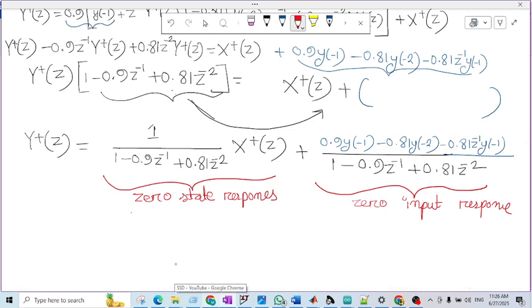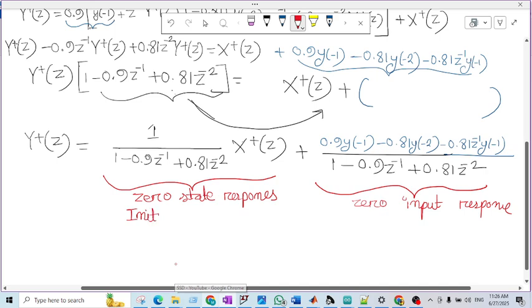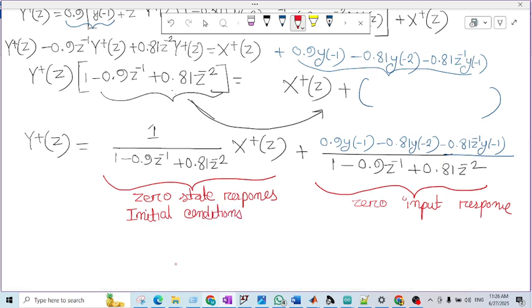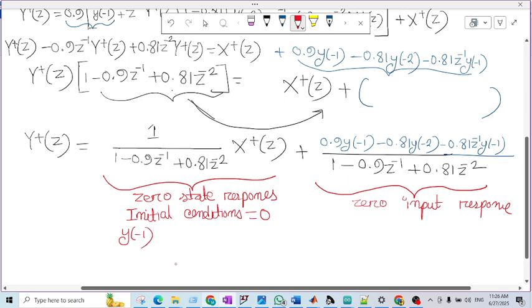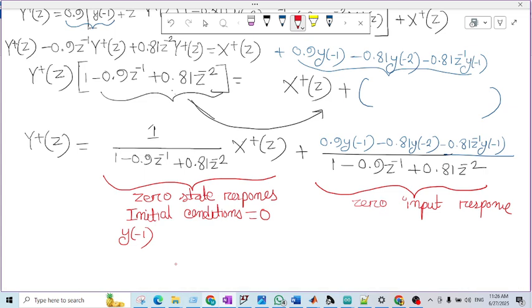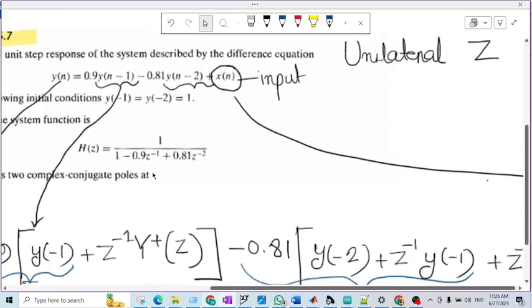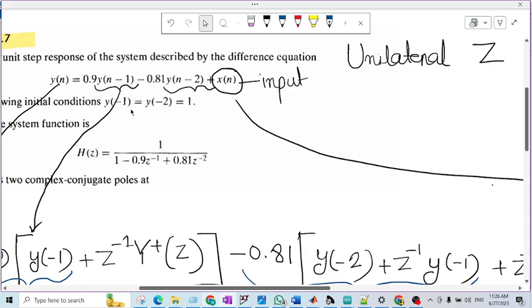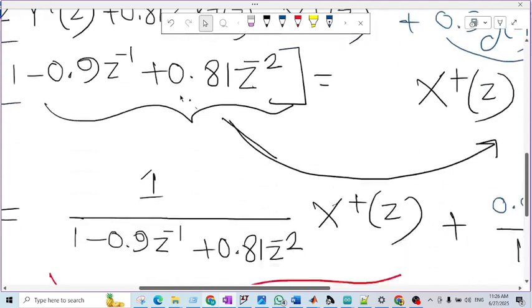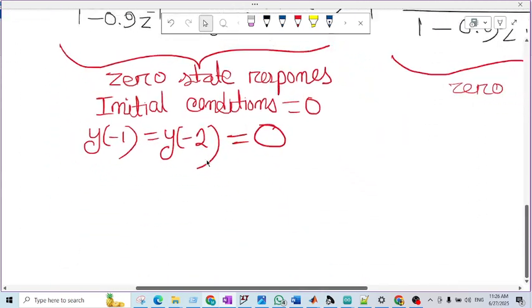Zero state response means you have to assume that all the initial conditions are 0. What are the initial conditions? y[-1] is an initial condition. You have to start the time from 0, but previously, y[-1], y[-2], these initial conditions should be equal to 0. Though in your question the initial conditions are both 1, y[-1] and y[-2] both are 1, but no, now you have to assume that these two are equal to 0.